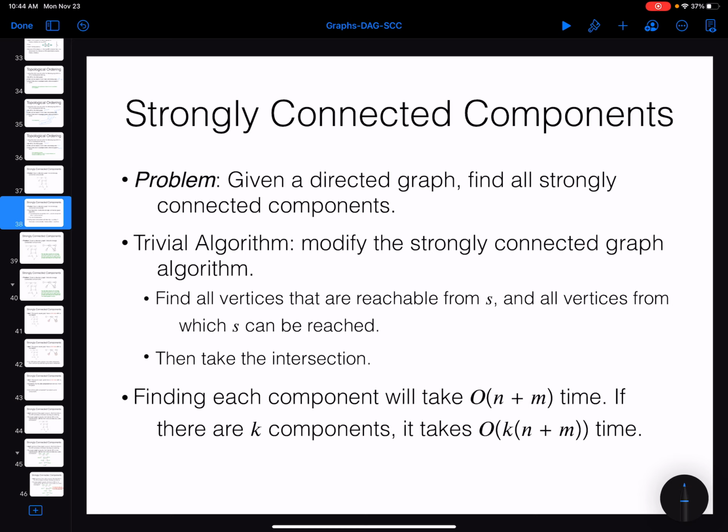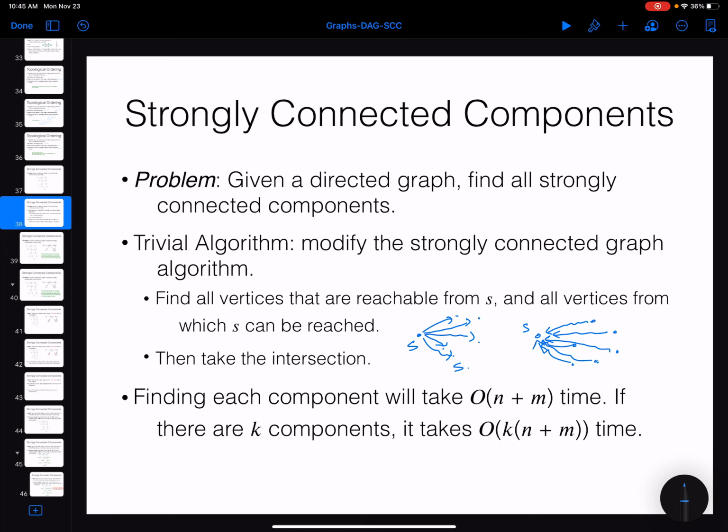So it's something like this: you have a node S, find all the nodes which are reachable from S, and then create a reverse graph and find again all the nodes which are reachable from S, which basically means that all those nodes have access to S in the original graph.